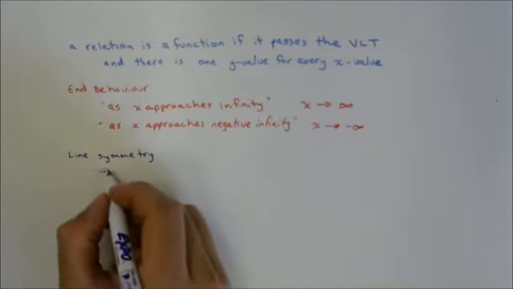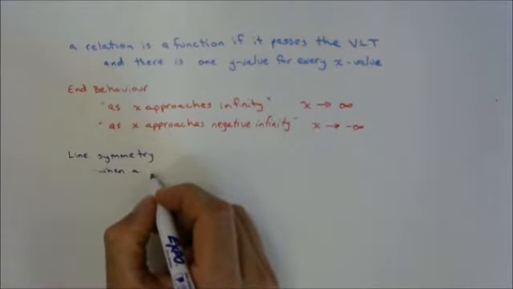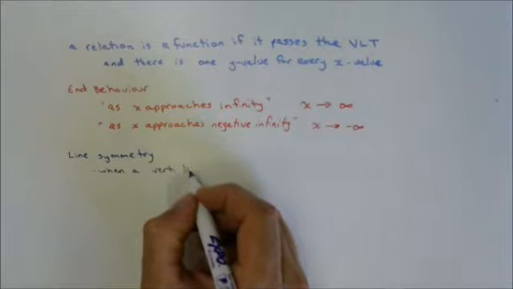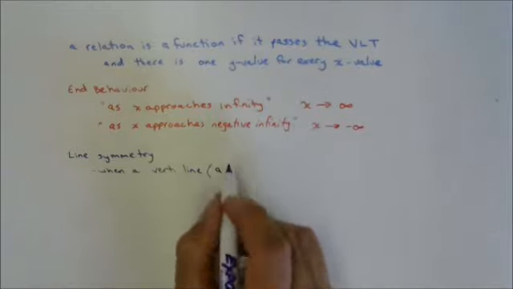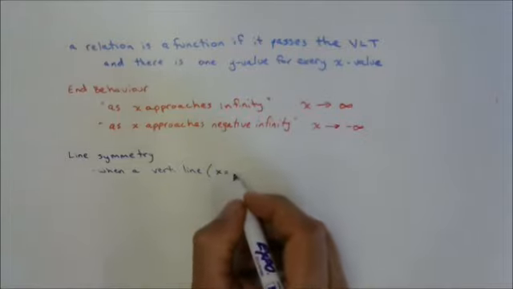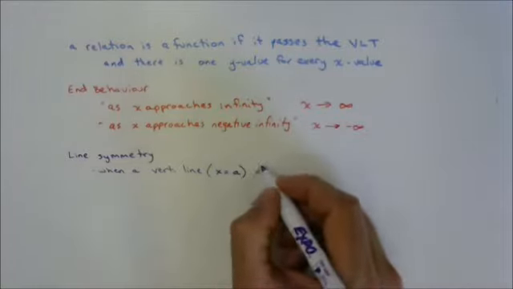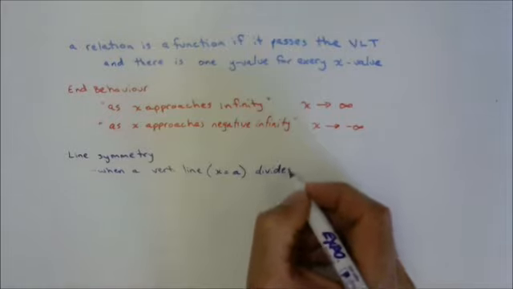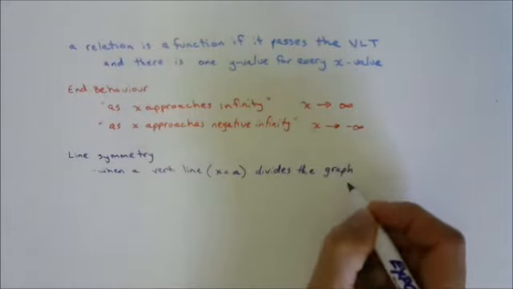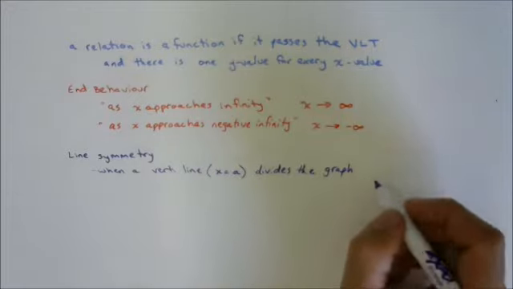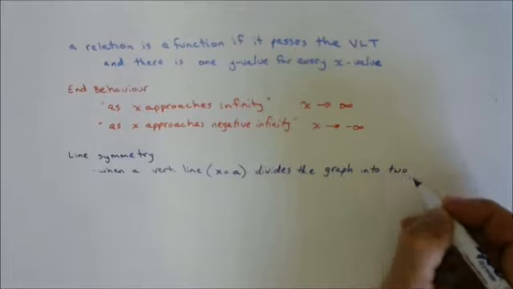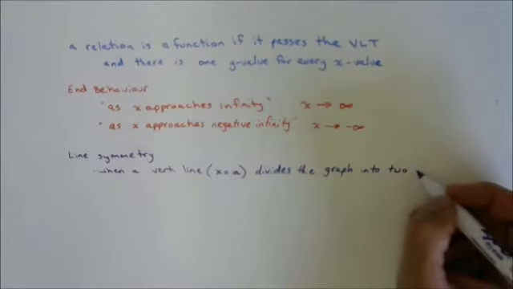This is when a vertical line, such as x equals a, divides the graph into two parts, two equal parts, let's say.